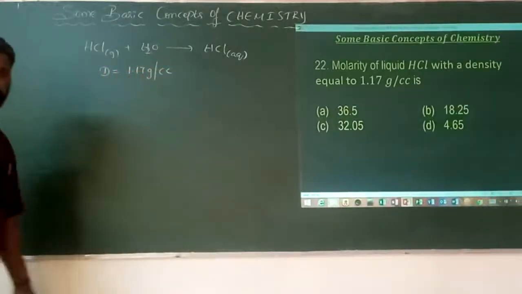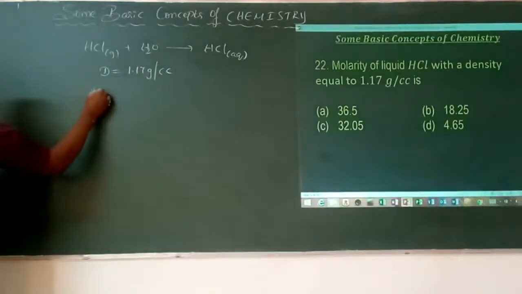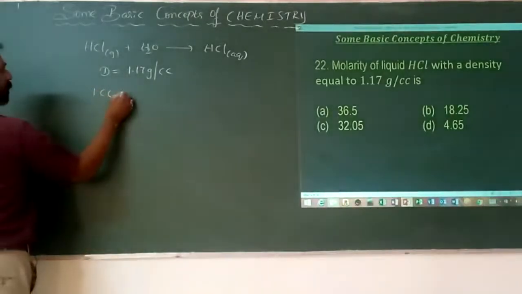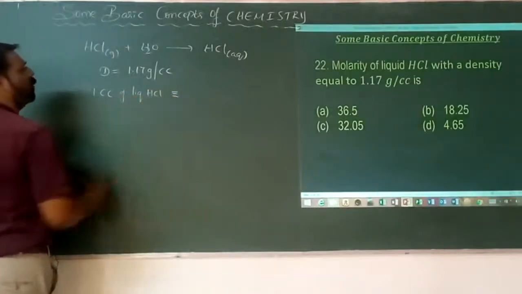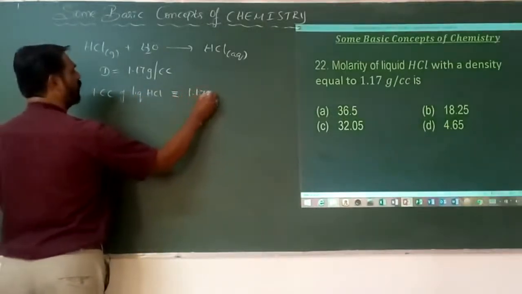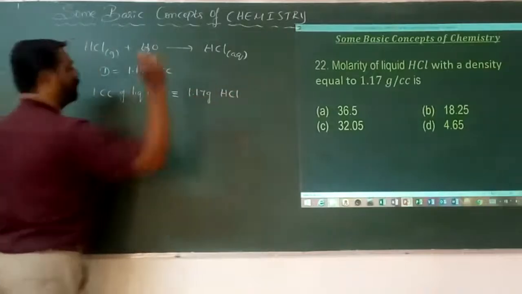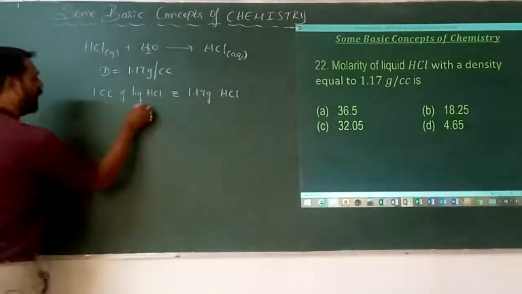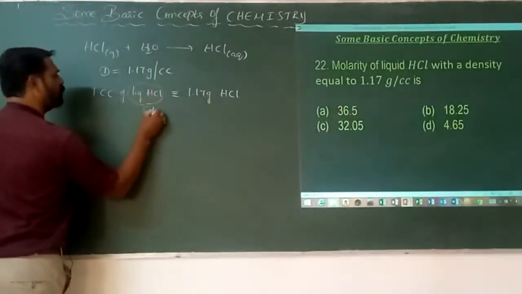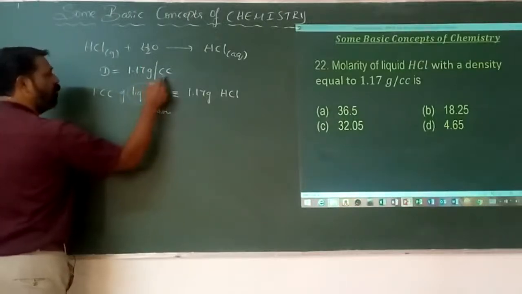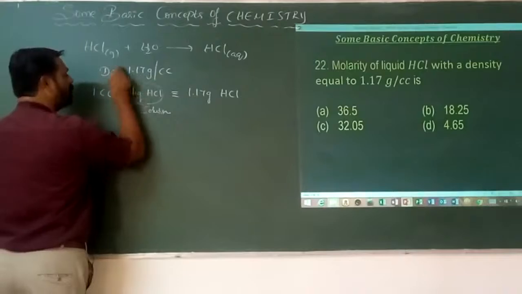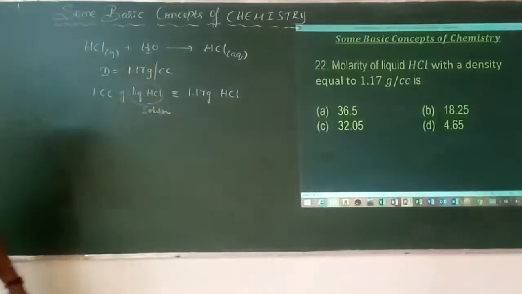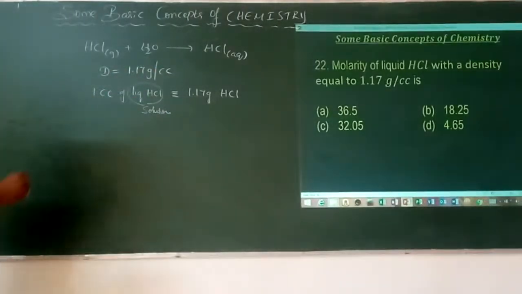What is the meaning of that? 1 cc of liquid HCl is equivalent to 1.17 grams of HCl. Indirectly it is called a solution. For 1 cc of the aqueous solution of the liquid HCl, the mass is 1.17 grams.